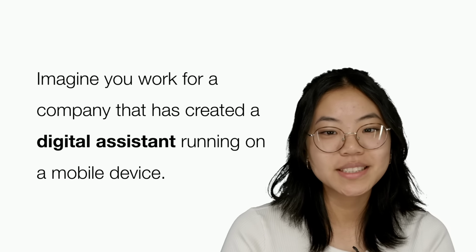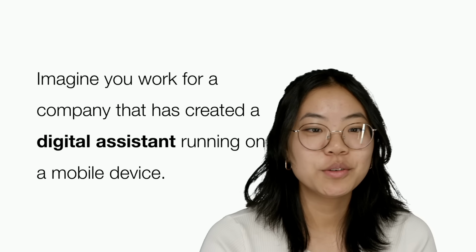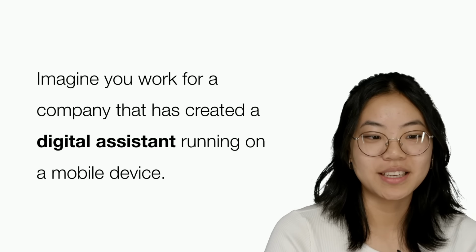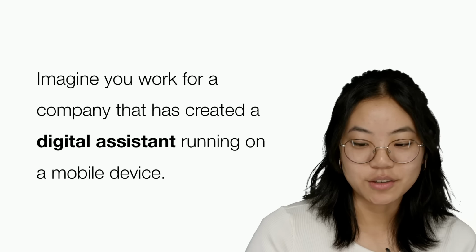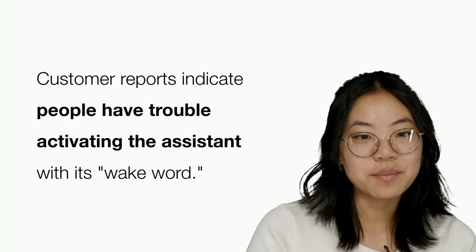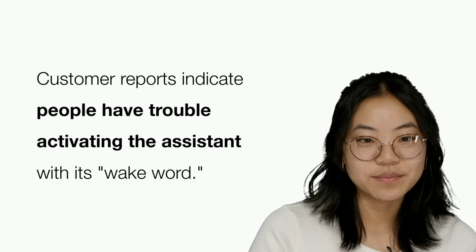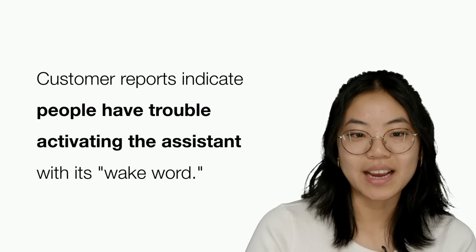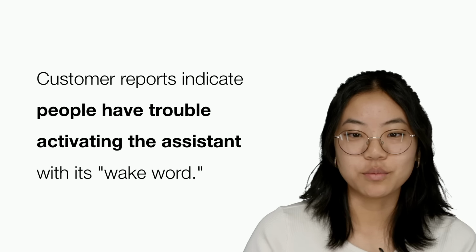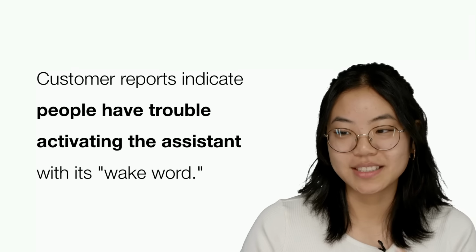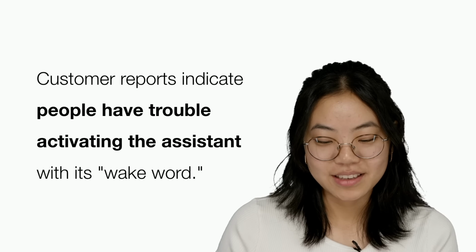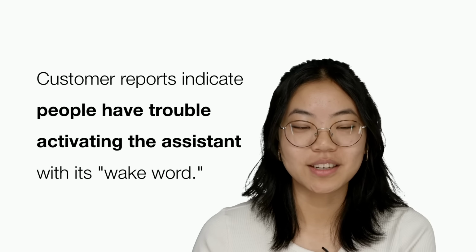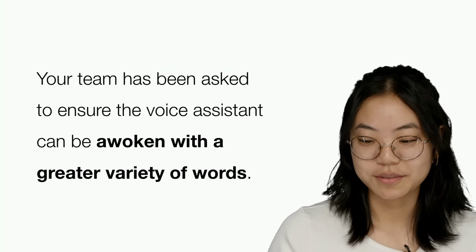So let's imagine this scenario where you work for a company that has created a digital assistant running on a mobile device. And so people have been indicating that some customers are having trouble activating this assistant with its wake word. So maybe you're trying to say hello, and then the assistant is supposed to wake up and start listening to the customer.